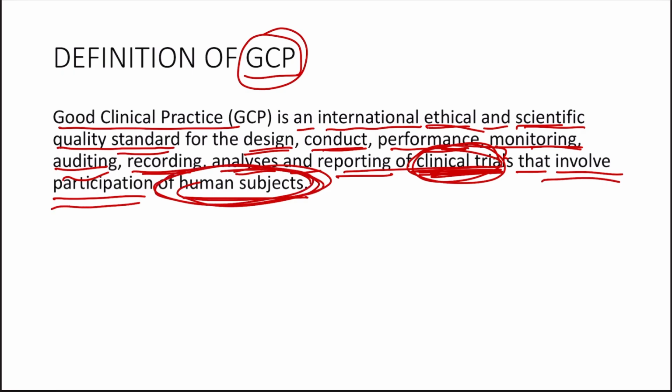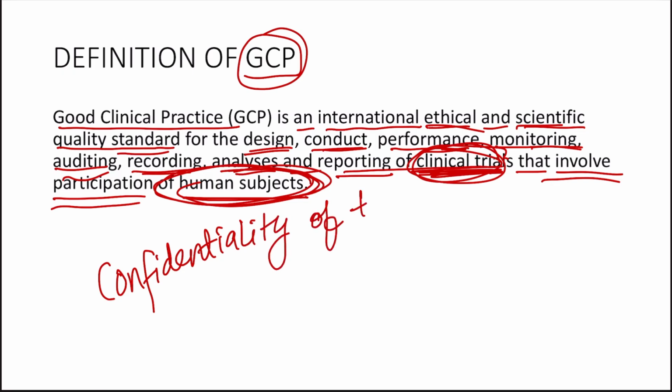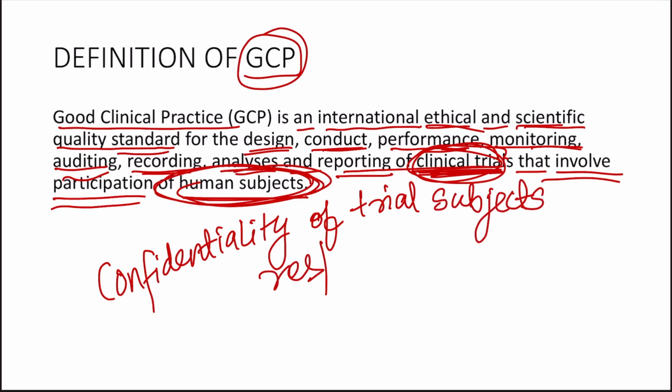So this is the definition of GCP, and GCP provides assurance that the data and reported results are credible and accurate, and that the rights, integrity and confidentiality of the trial subjects are respected and protected.